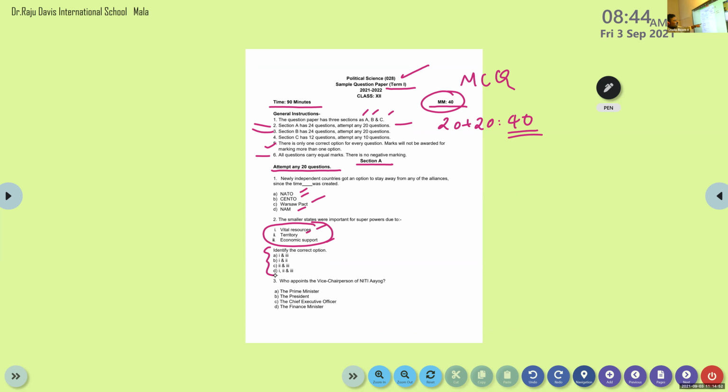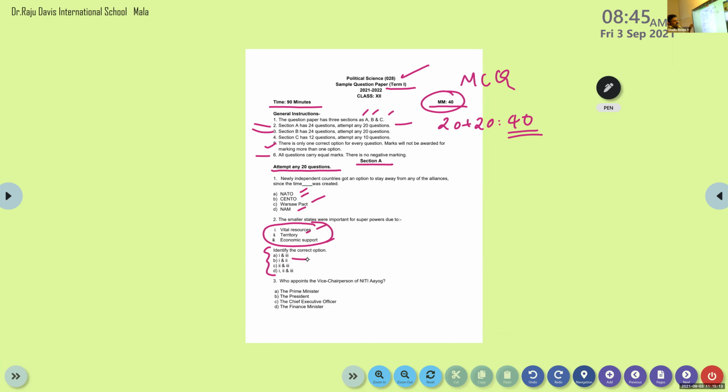Check and say. Smaller states were important for the superpowers due to what? Option 1, vital resources. Option 2, territory. Option 3, economic support. Now the answer is 1 and 2.